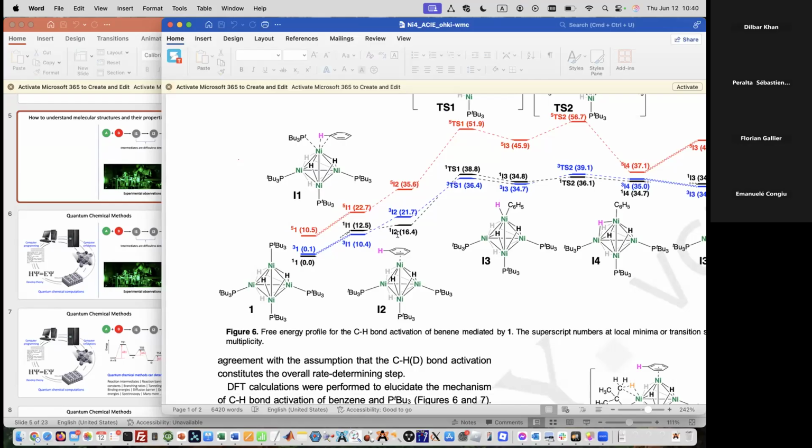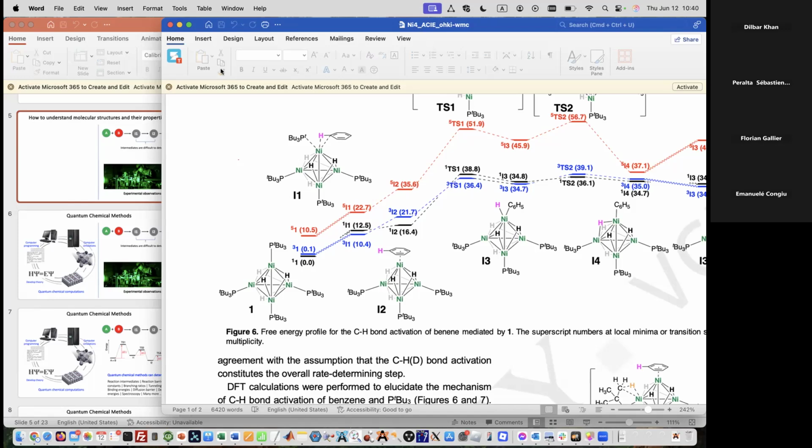If you go through the transition state to the intermediate, you start the reaction from singlet, but sometimes it can cross during the reaction. These kinds of situations are very common in transition metal complexes, not in organic reactions. So I hope I answered that question.